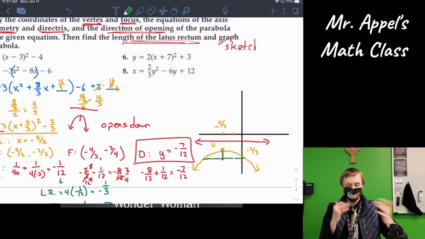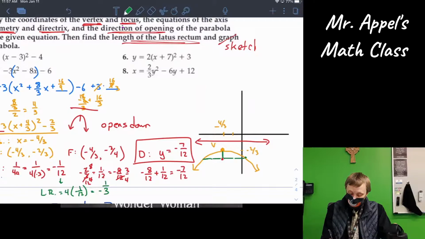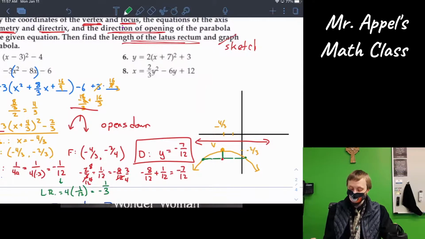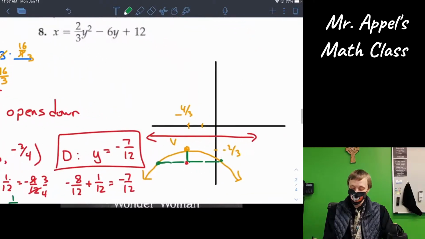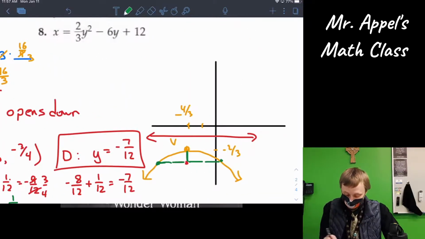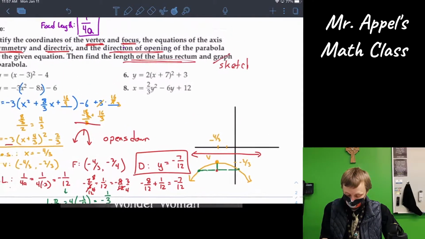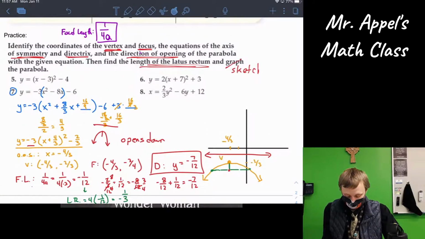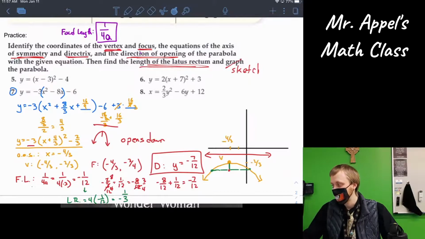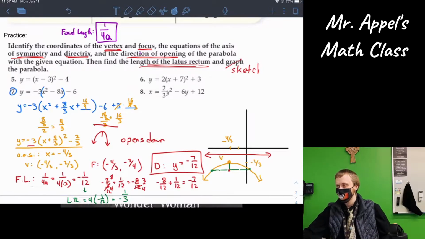You can use that as your little scale. Just like before, we would always create 3 points. Use your latus rectum to help you build those points 2 and 3 that should be on your parabola, and then you just connect the dots with that curve. Or if you're creating the scale yourself, put them in there and retroactively say what the dots should be. It's your sketch. All right, how's that? Full and complete example.